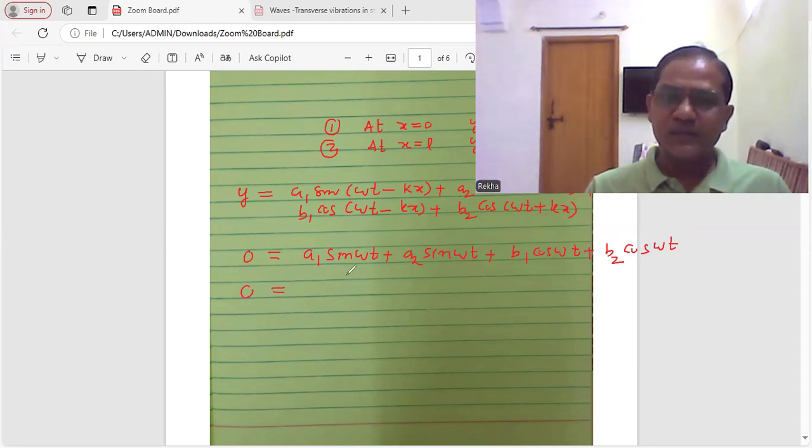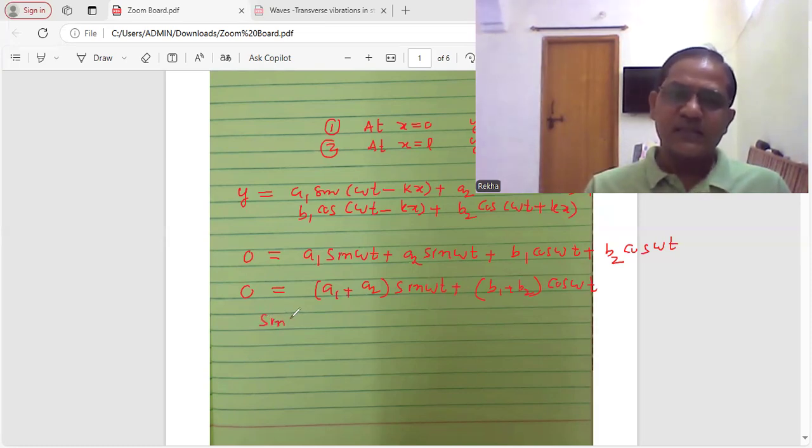So that implies, in the first two terms we can take sin ωt common, (A1 plus A2) into sin ωt. In the last two terms, we can take cos ωt common, then (B1 plus B2) cos ωt.